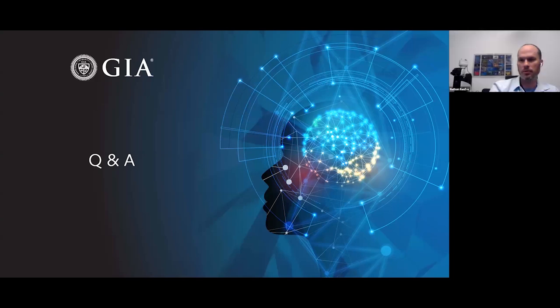Okay, that's a good question. So the type of microscope that we use here, in the lab at our desk, we have basically a standard gemological microscope. So there's nothing really particularly unique about it. A lot of the photomicrographs that you see, we do have some research microscopes available that have a little bit higher magnification, but it's really not that different than what you would see in your gemological microscope.